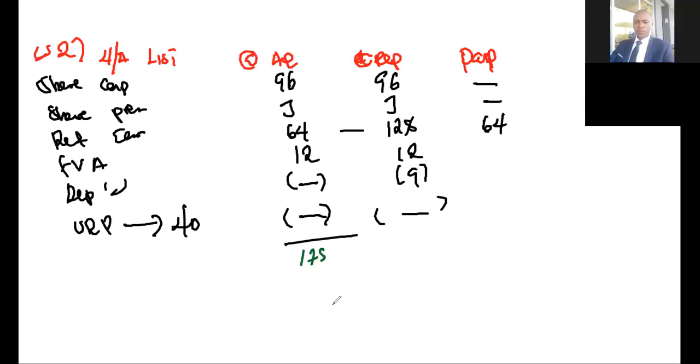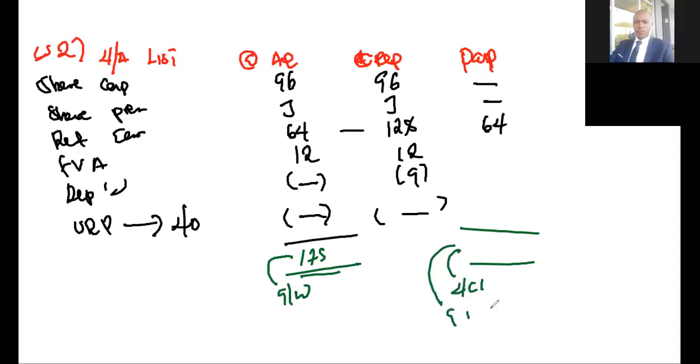175, yes. Now, remember, this figure is going to be used to calculate our goodwill. Are you seeing? And this figure is also going to be used to calculate our NCI and our group retained earnings.